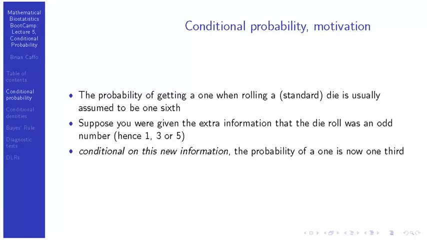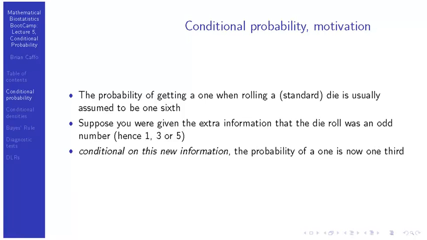So let me give you some brief motivation for conditional probabilities. I think we kind of internally do these things pretty easily. So imagine rolling a standard die, and we're assuming that the probability of each face is 1/6. Suppose you didn't know the outcome of the die, but someone were to give you the information that the die roll was odd. So it had to be a 1, a 3, or a 5.